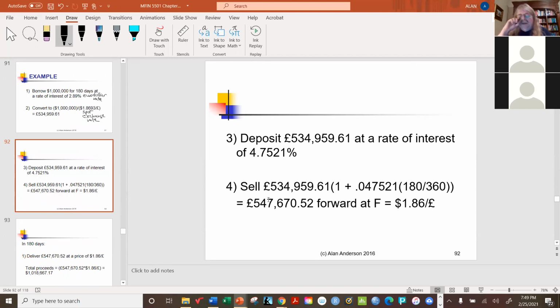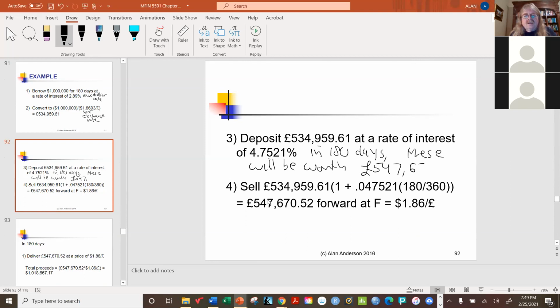And in 180 days, as we've already seen, these will be worth, as you can see down here, 547,670.52 pounds. So that means we're going to sell them through a forward contract.